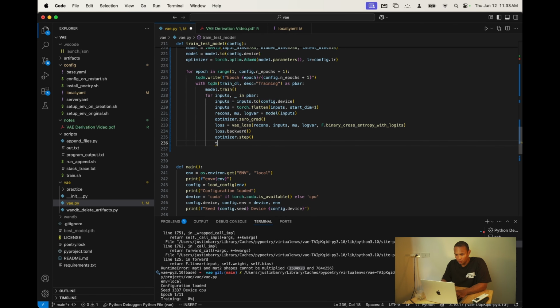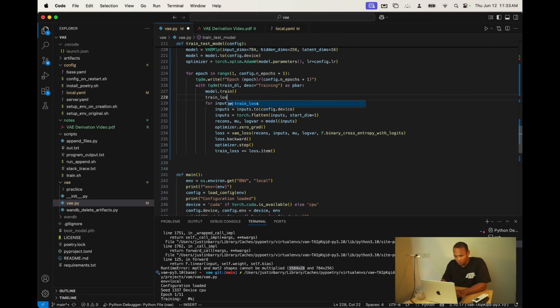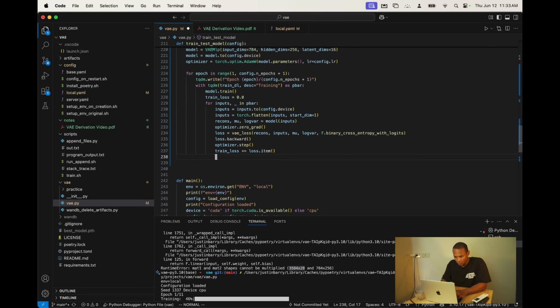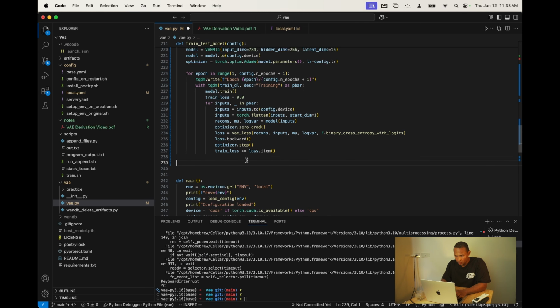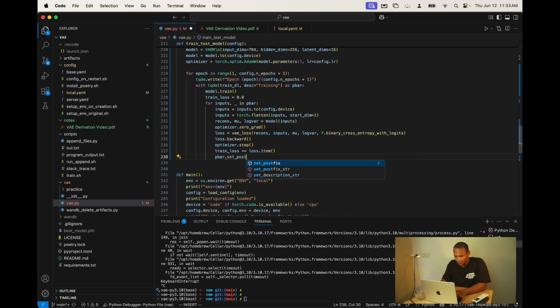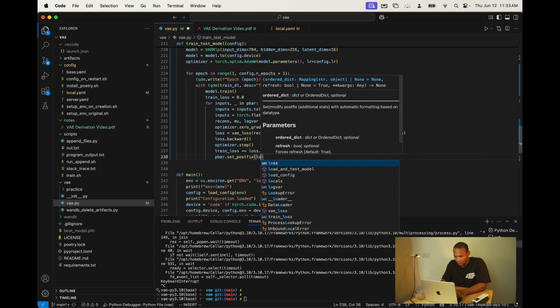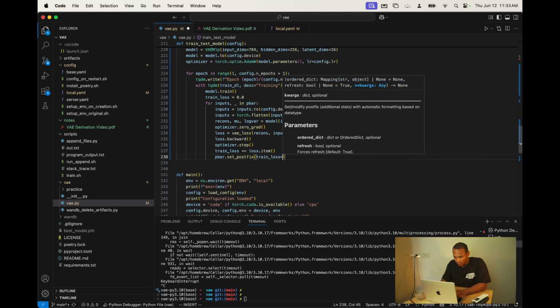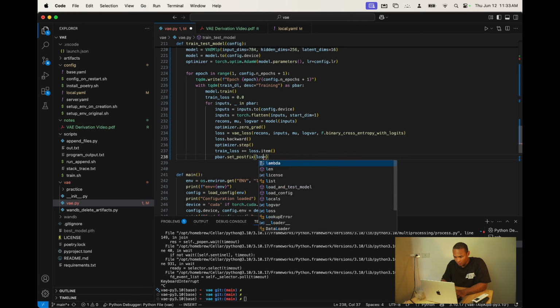Total train loss plus equals loss.item. Set postfix, so we're going to update the progress bar. Train loss equals, oh, just call it loss.